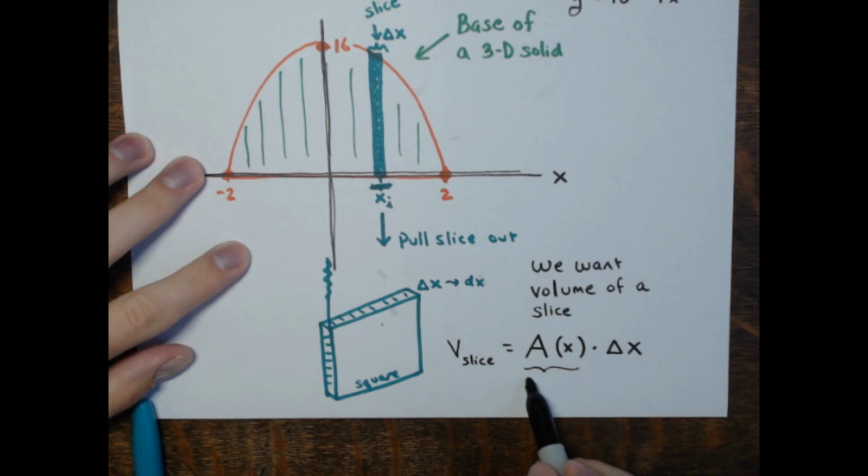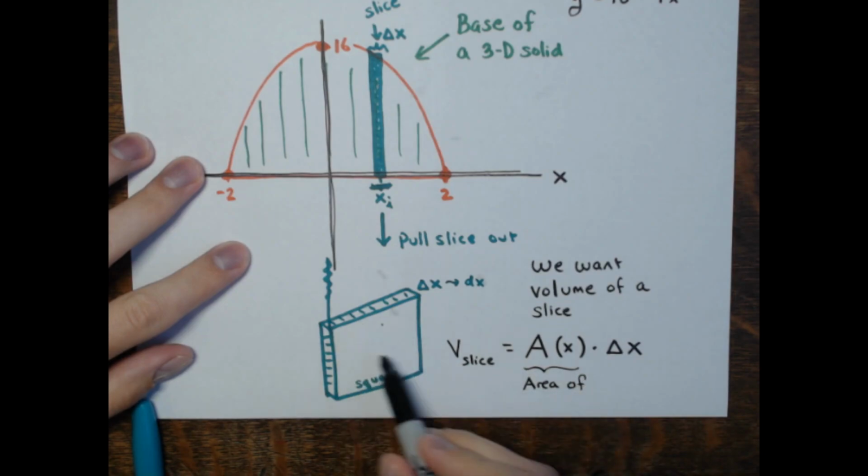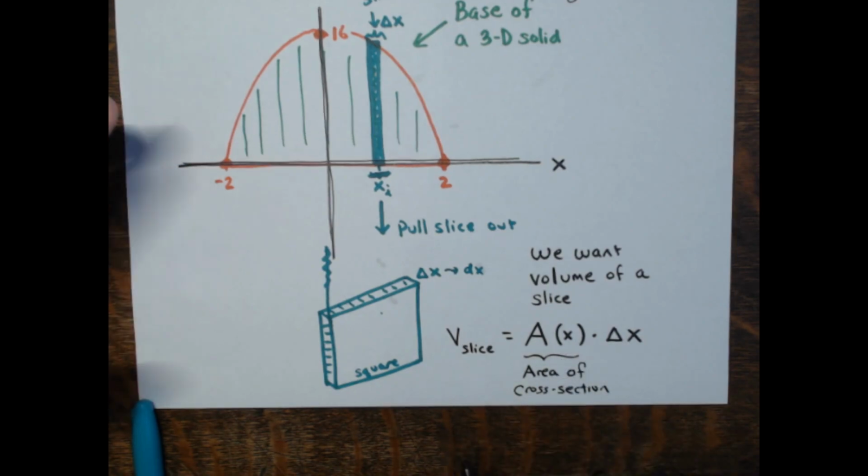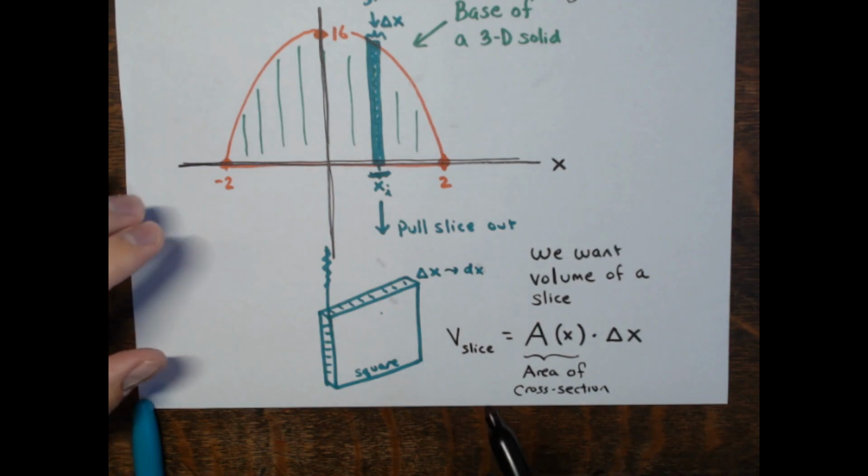Here's the area of a cross section, which in this case is a square. Area of this square cross section, the base of this thin slice.